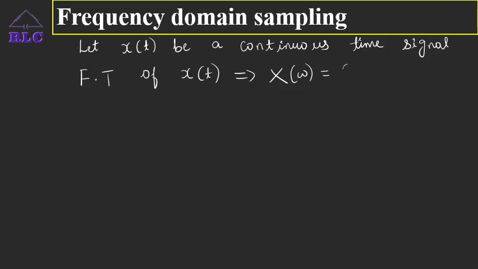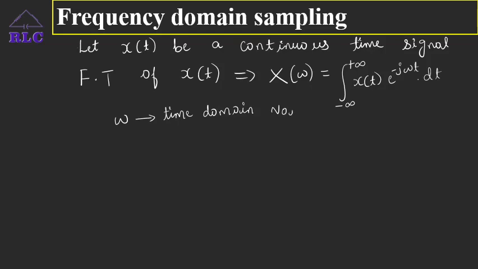X of omega is equal to integral t tending from negative infinity to positive infinity x of t into e power minus j omega t into dt, where omega, the lowercase omega here, is a time domain variable, and unit is radians per second.